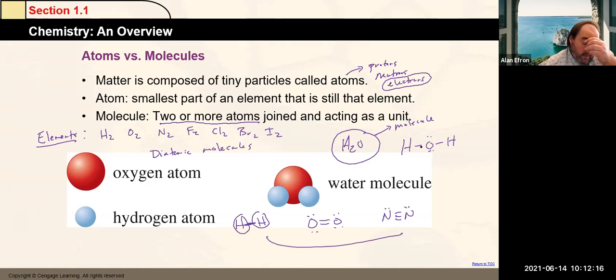Water is also a compound. So you may be asking yourself, what's the difference between a compound and an element, or a compound and a molecule? A compound is atoms of two or more elements.